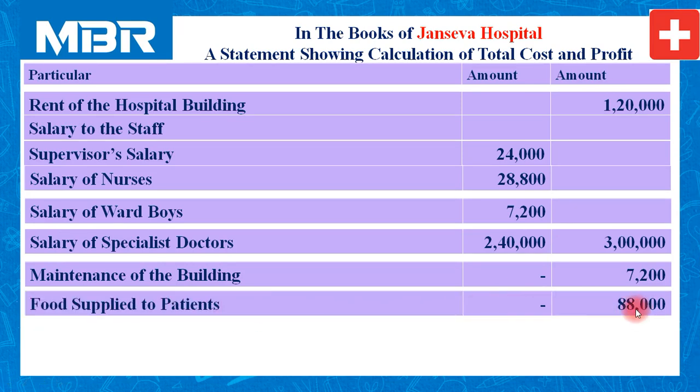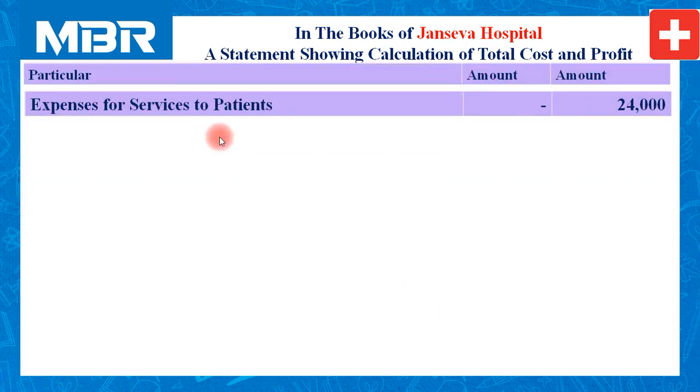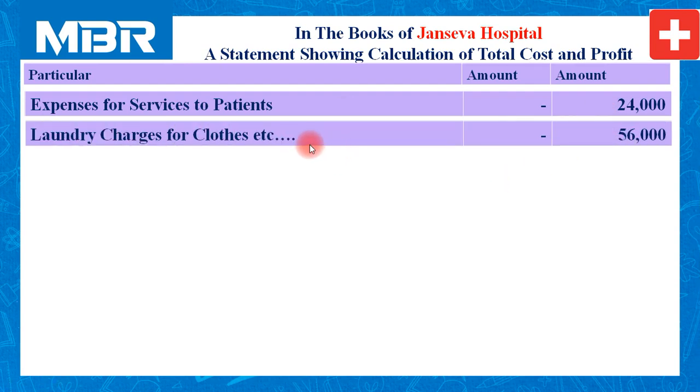Food supplied to patients 88,000. Expenses for services to patients 24,000. Laundry charges for clothes etc. 56,000.